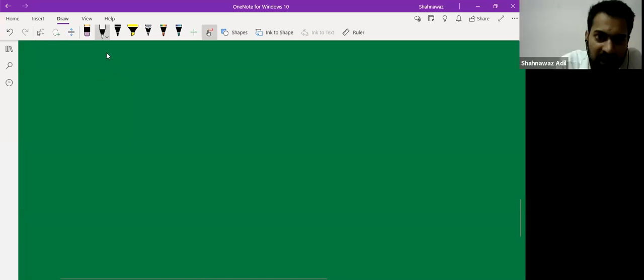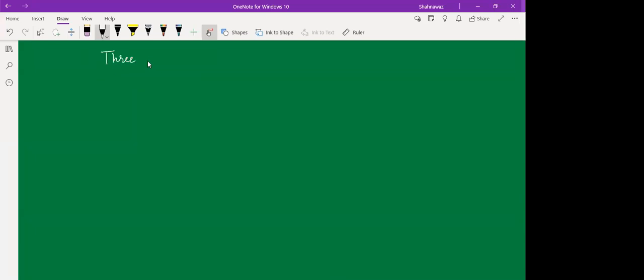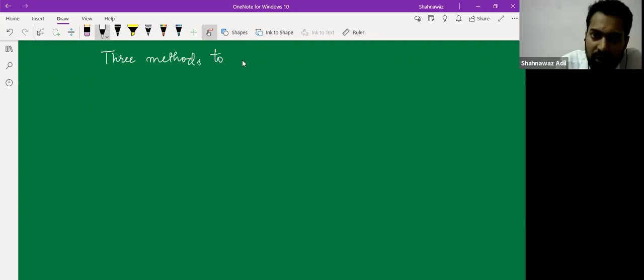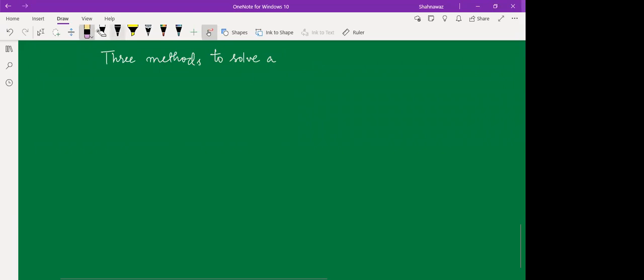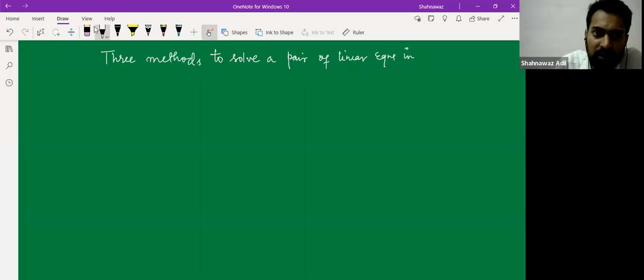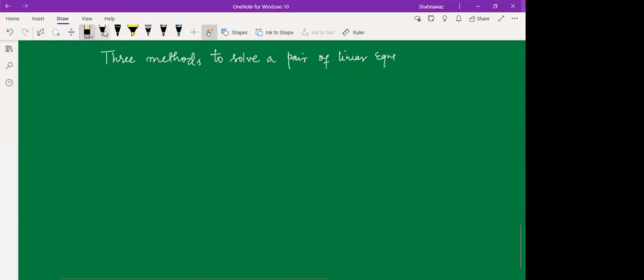There are three methods to solve a pair of linear equations algebraically.